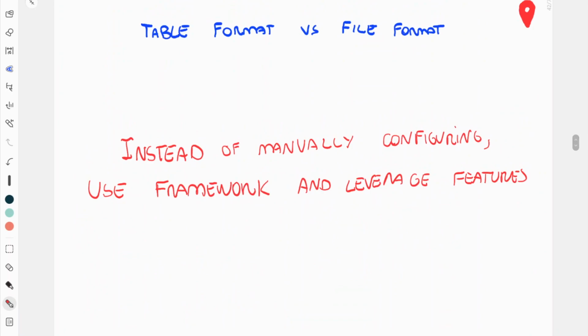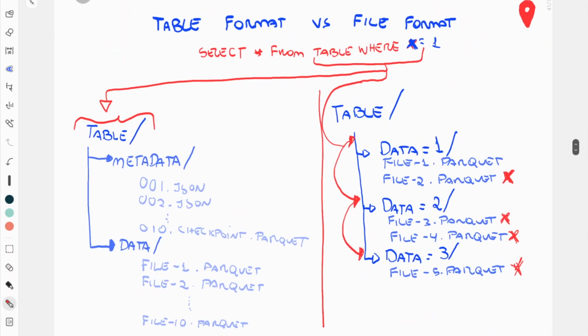So, reiterating that again. Instead of manually configuring the querying and the storing, if you store the data like this, you have to define the column, see which column makes more sense. You have to define it, you have to write code for storing it in a certain way.